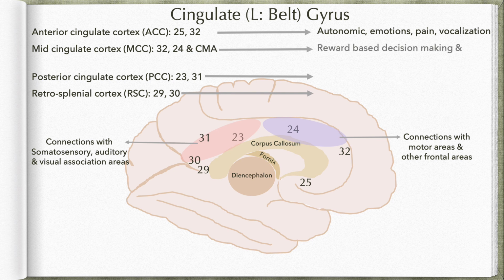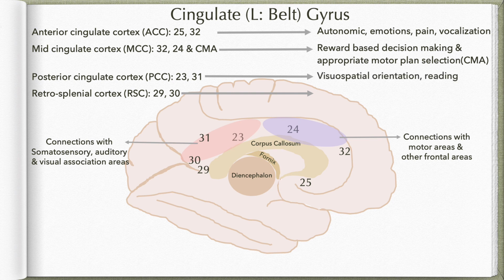The mid-cingulate cortex is involved in reward-based decision making, and the cingulate motor area is involved in appropriate motor plan selection. That with the supplementary motor area will select the appropriate motor plan. The posterior cingulate cortex is involved in visuospatial orientation and it is also active during reading. And retrosplenial cortex is involved in retrieval of memory.